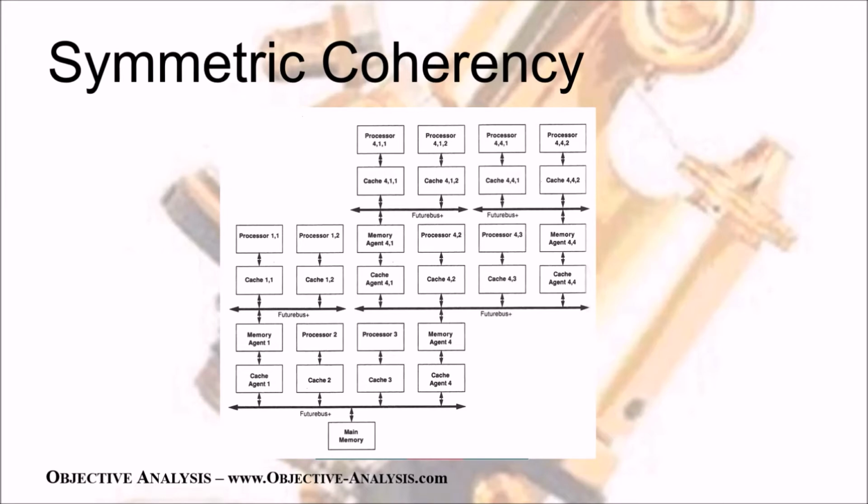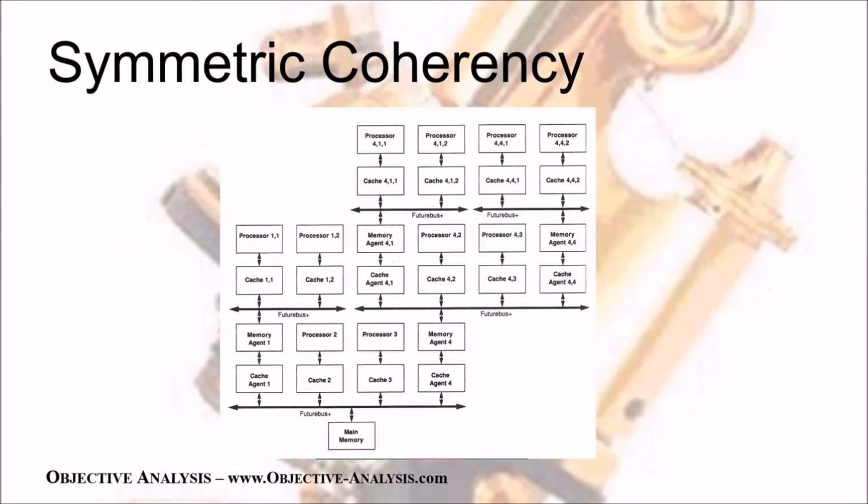A processor will look at a piece of data that it thinks is in the memory, but a more current copy might be in any of the caches in this diagram. The Future Bus Plus protocol assures that the processor will access the correct one.